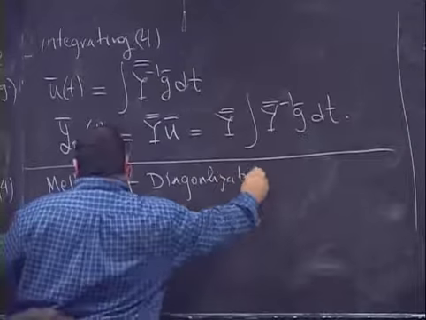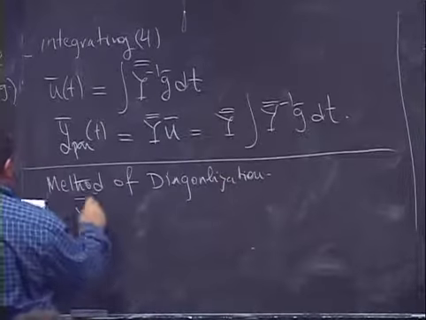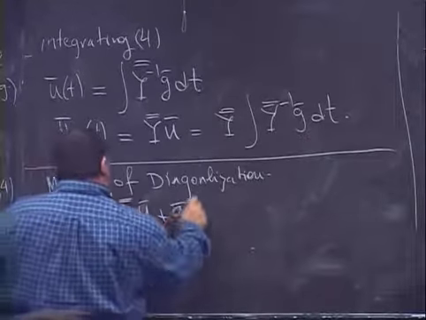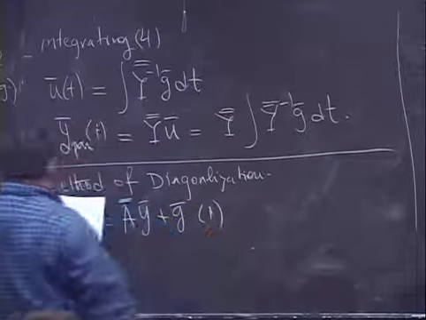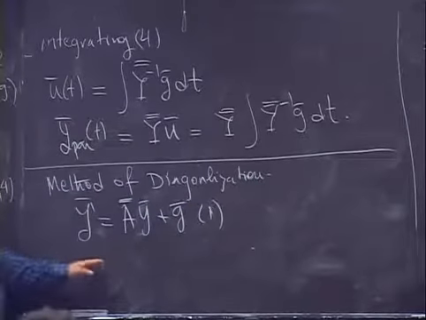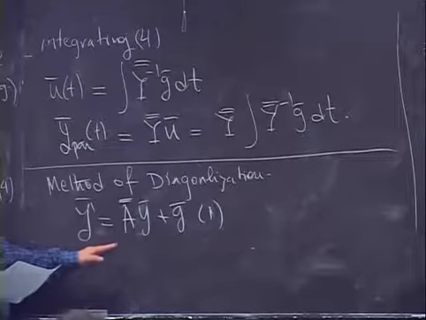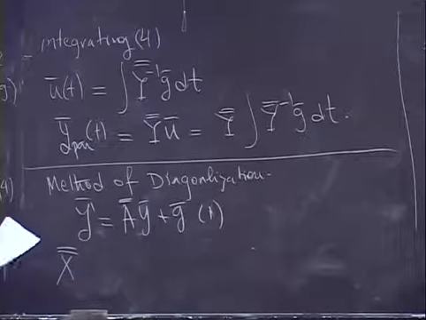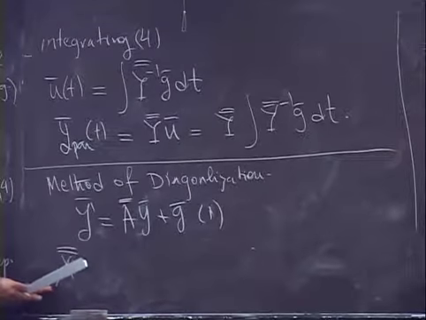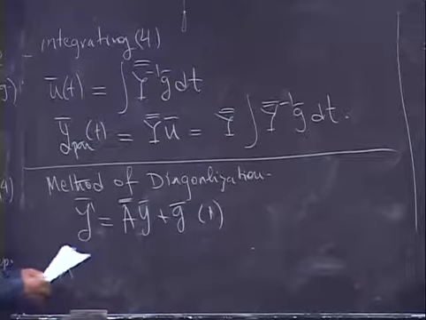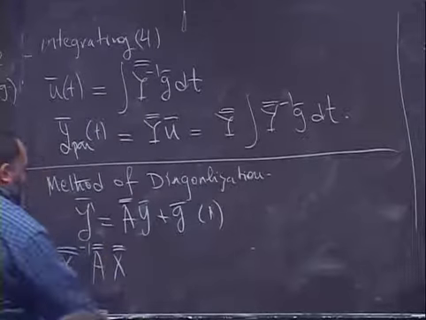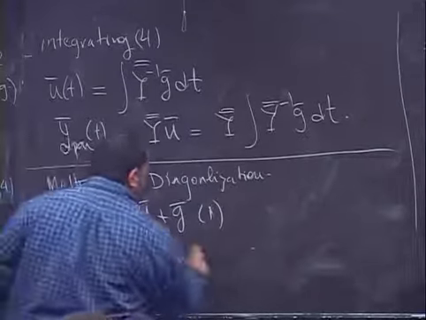In this method, the idea is to use a similarity transformation with a certain matrix X. We will find this matrix X so that when you use the similarity transformation, X minus 1 A X, this will give you a diagonal matrix.